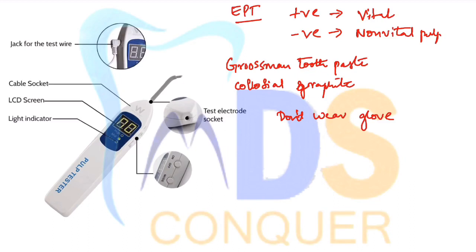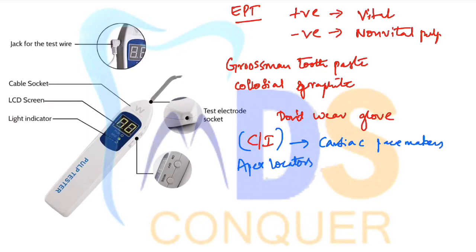And make sure EPT is contraindicated in patients with cardiac pacemakers. Even your apex locators are contraindicated, because apex locators also work with the formation of a circuit.